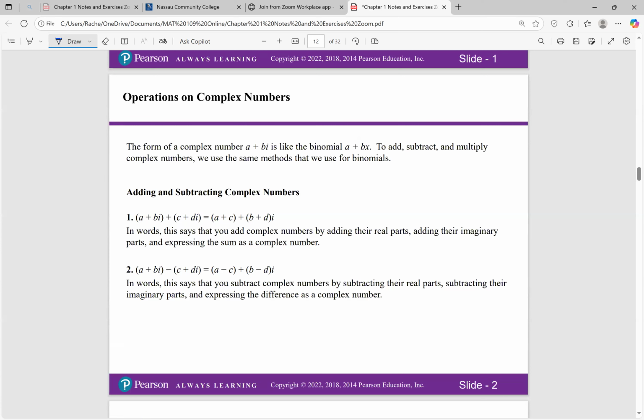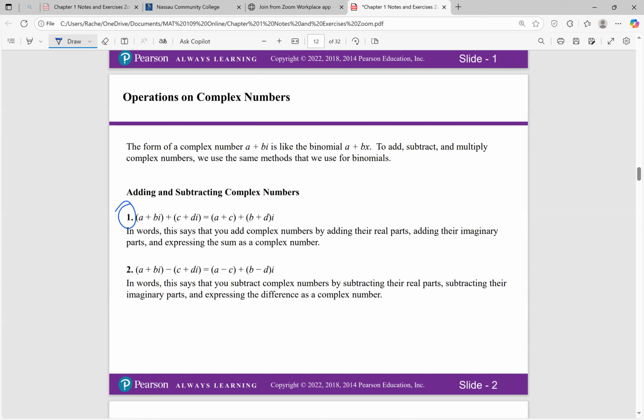If we wanted to add, like in number 1, a plus bi plus c plus di, we would add the real parts, a plus c, and then add the imaginary parts, bi plus di. Really, we're adding b plus d, and that'll be your coefficient, the real number b on that imaginary part.